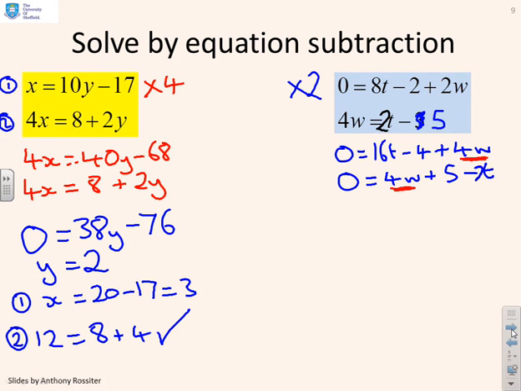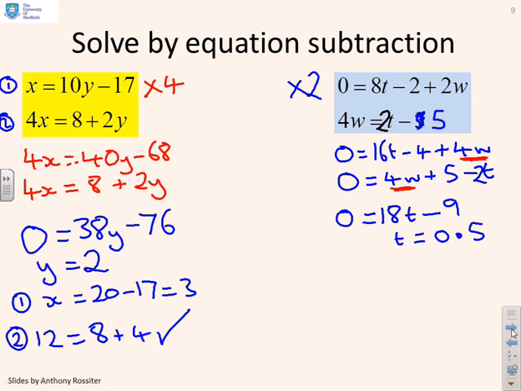So let's put that 2 in there. There we go. Okay, so now let's do the subtraction, and what do we get? We get 0 equals, so 16t minus minus 2t gives me 18t, and minus 4 minus 5 gives me minus 9, and therefore t equals 0.5.